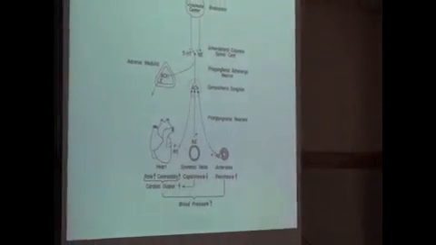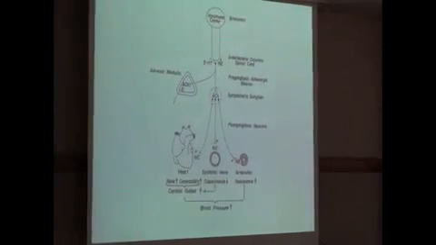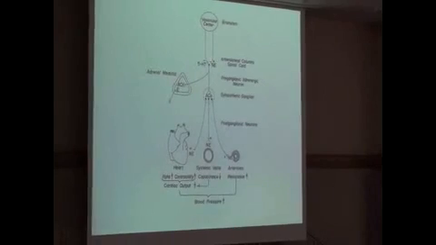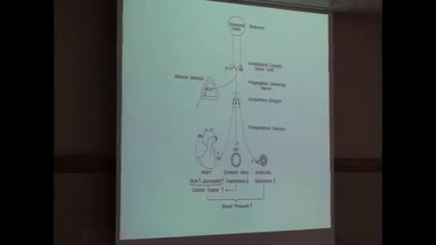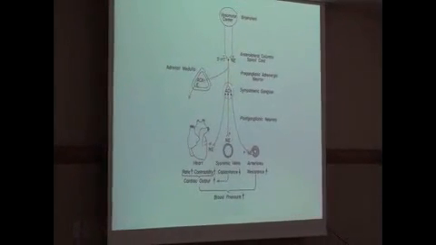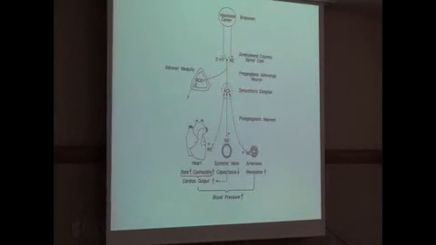In the central computer, in the vasomotor center, signals are generated that travel in the spinal cord, leave the spinal cord, connect in the sympathetic ganglia just outside of the vertebra, and then send neurons that go to innervate the blood vessels, the arteries or the veins.